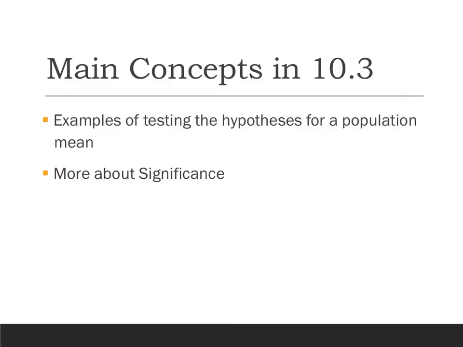All right, so we have done several examples now of testing hypotheses for population mean, and we are going to talk more about significance. Just as a reminder, statistical significance was when we had a really small chance of something occurring by chance if the null hypothesis is true.